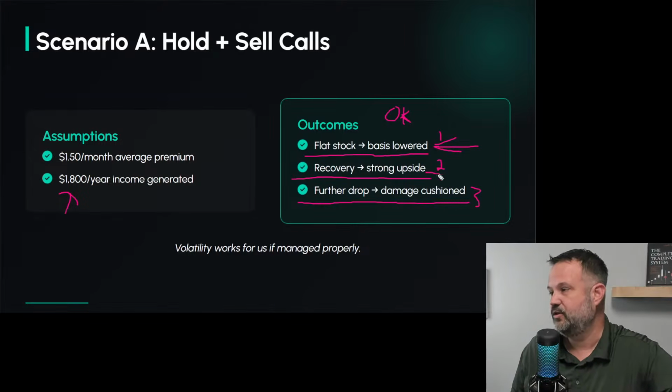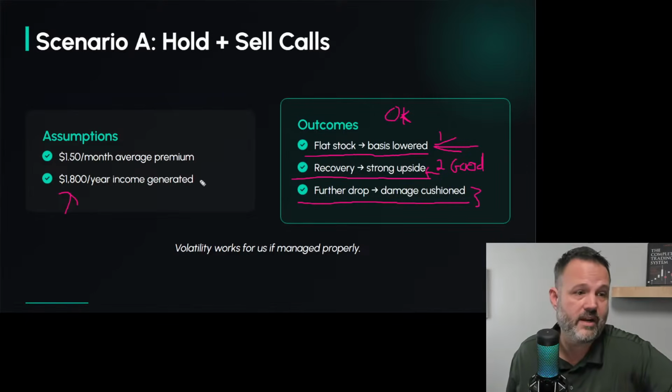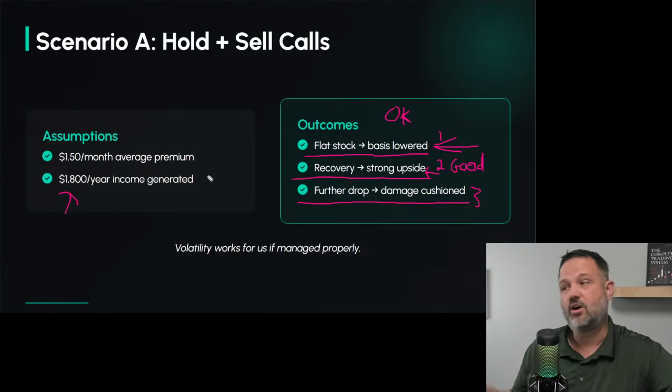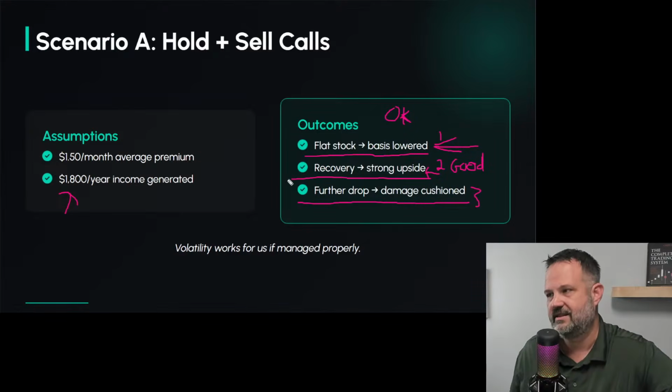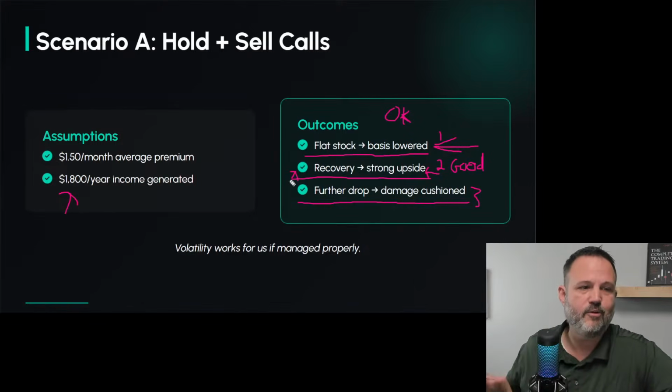Option number 2 is a recovery with a strong upside. This is a good outcome as well, with one thing to be aware of: if we get our position called away early because we sell a call, it could equal a loss. So a recovery could equal a loss if we get called away early. We want to be very careful with selling our calls.